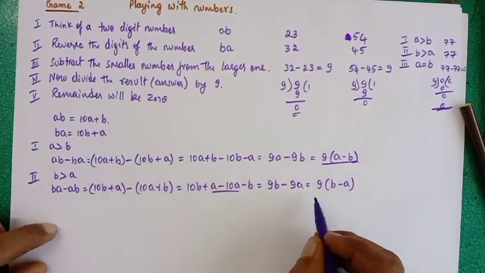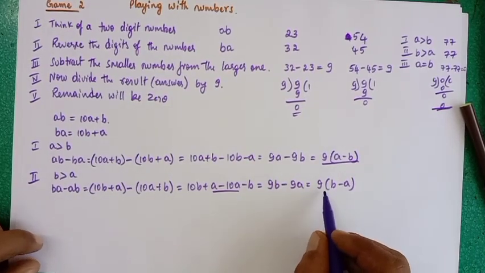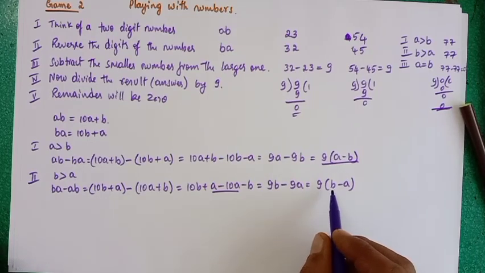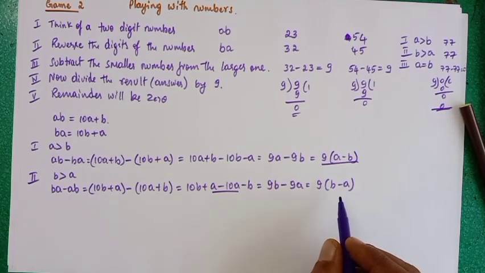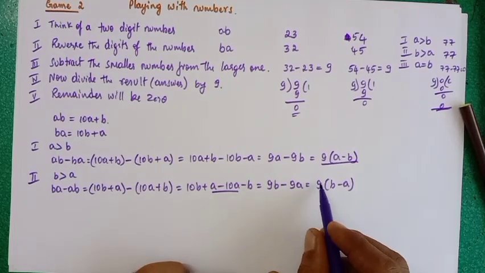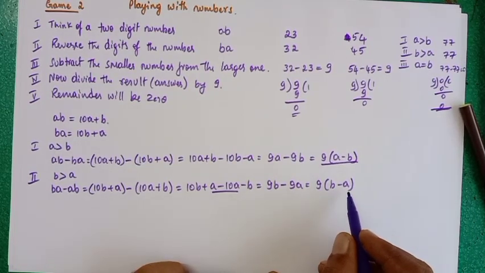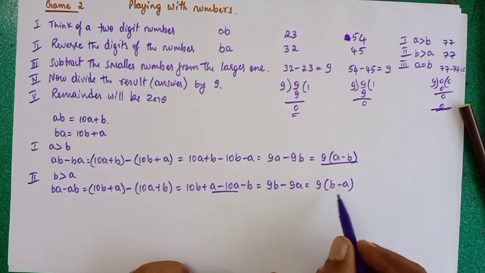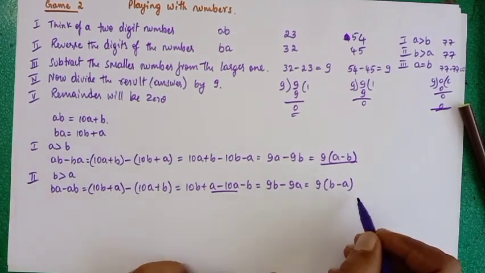Here too you get a multiple of 9. When you divide by 9, it cancels, and B minus A will be the quotient, and the remainder will once again be 0.